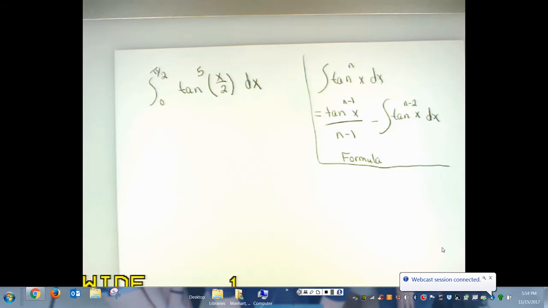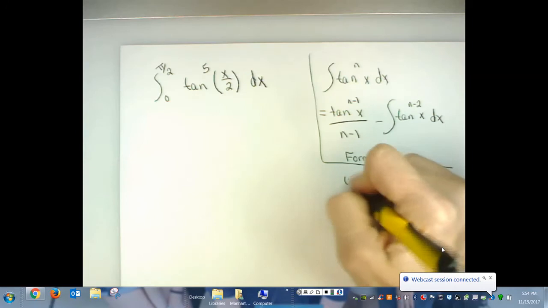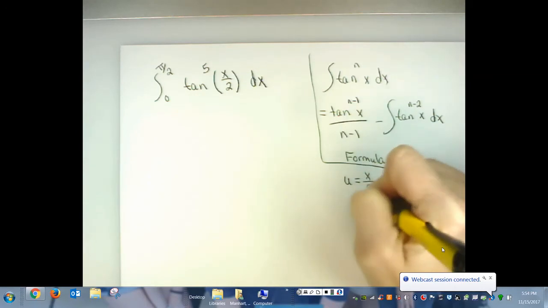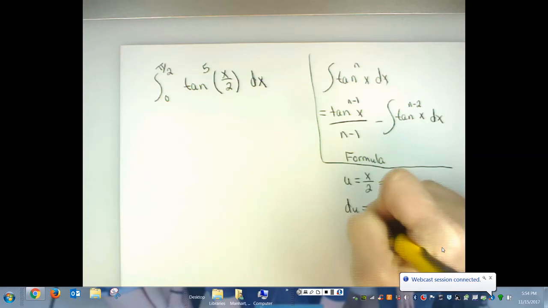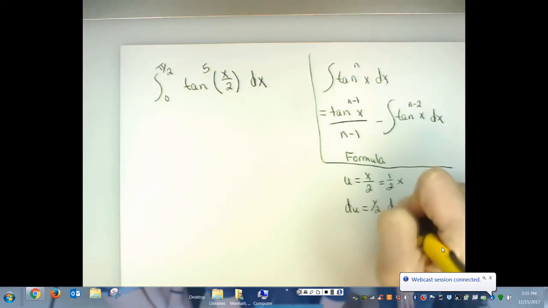Before I actually plug into the formula for n equals 5, I think it would make things a little bit easier if we would be willing to change over to u. In other words, let u be x over 2, which you know is 1 half x, and du is 1 half dx.